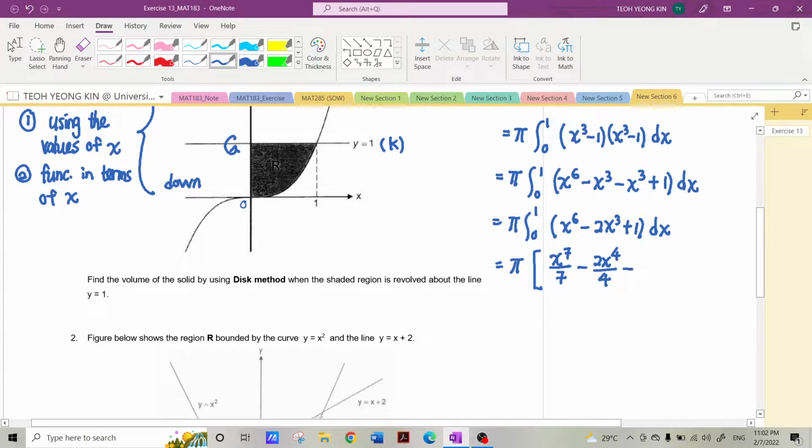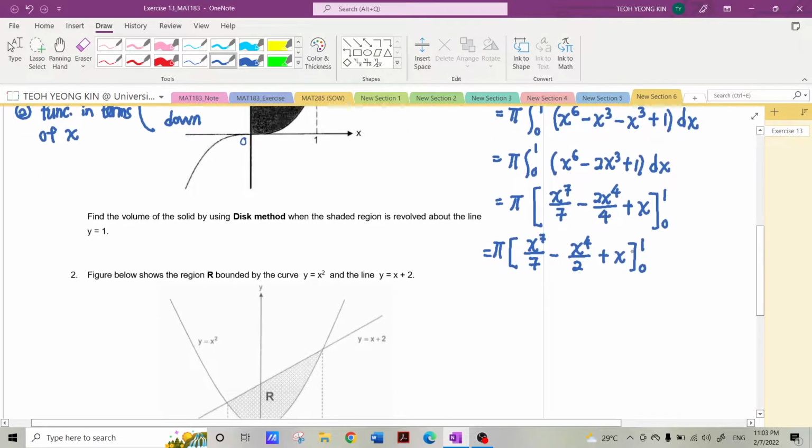Integrate 1, we should get x, because this is in terms of x, from 0 to 1. Next, we simplify this part: pi, integration, x to the power of 7 over 7 minus, after I simplify, x to the power of 4 over 2, plus x, from 0 to 1.